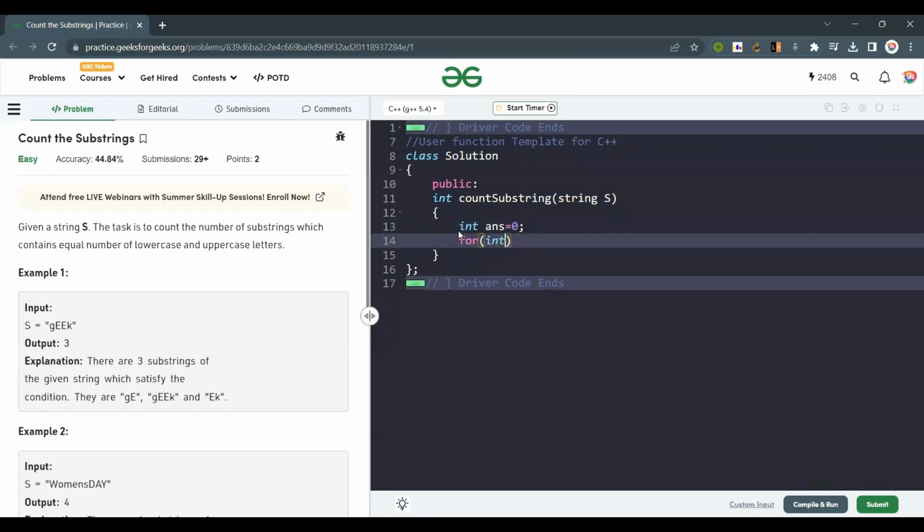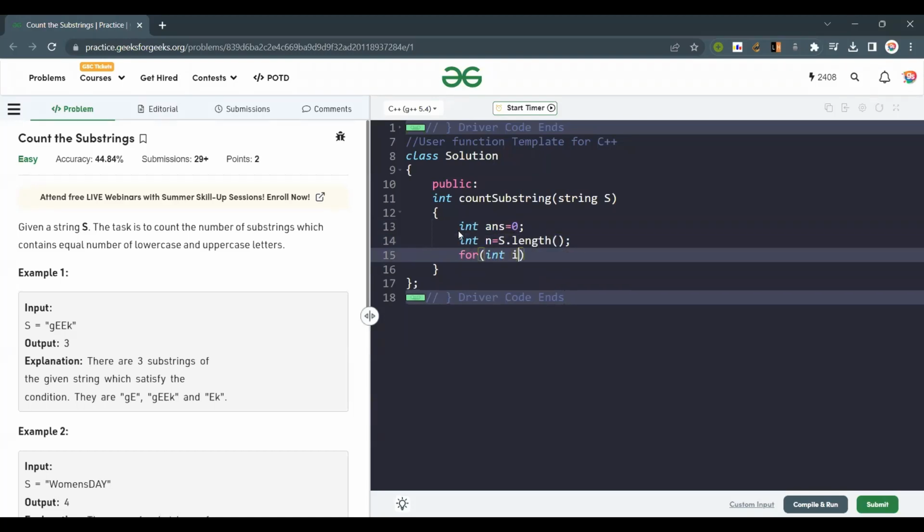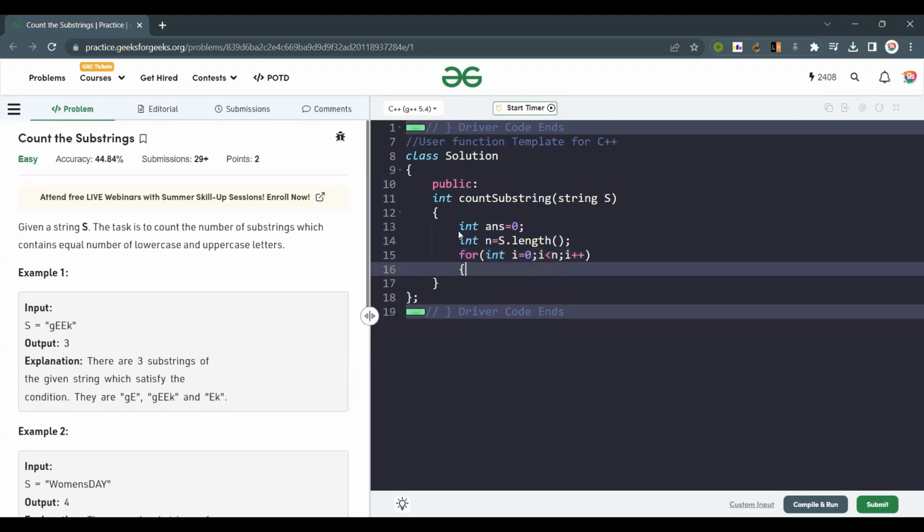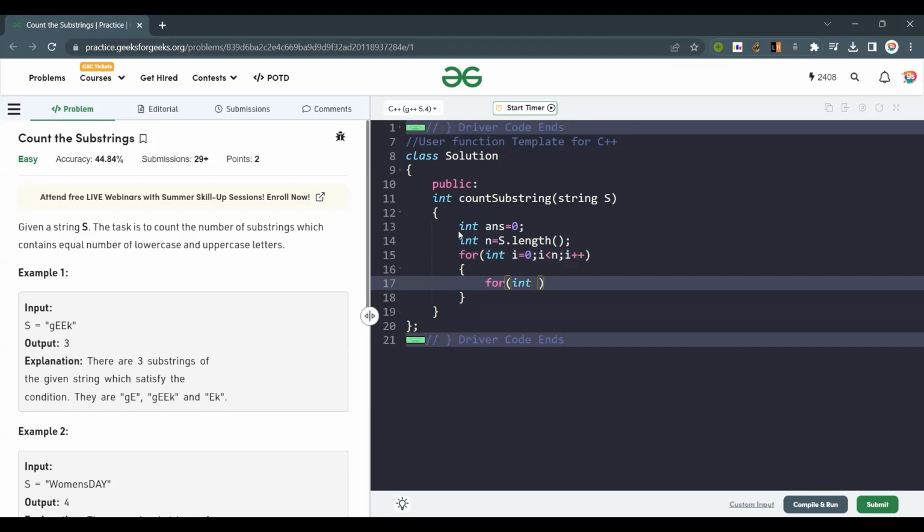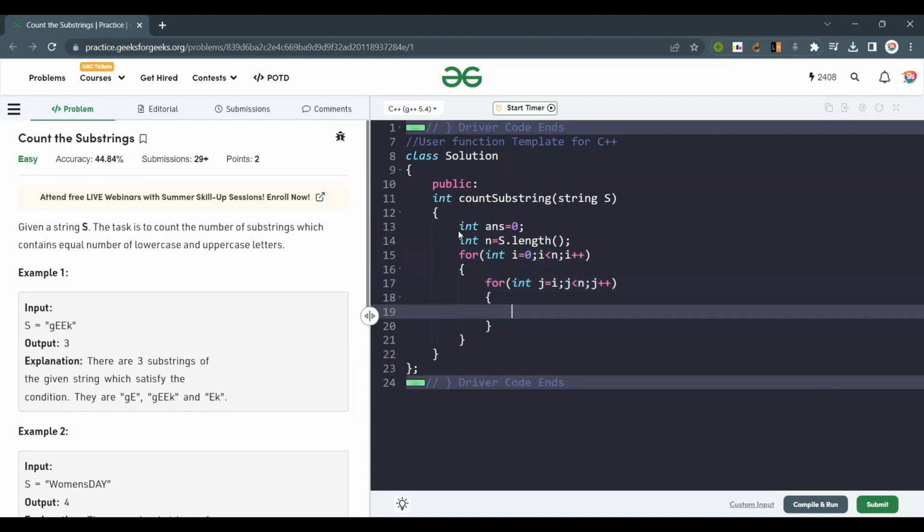Now I will start from the 0th index. Let's store n as s.length and start from the 0th index and go until n, for every substring starting from the ith index. I will take every substring, and let's create two variables, lower equal to 0 and upper equal to 0.